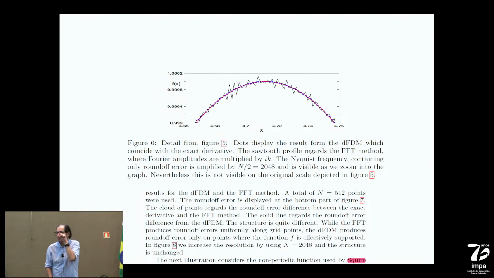This is a very small difference. If I zoom at the curve, you see that the FFT one, which is this black one, is getting noisy because I'm amplifying the high frequencies of the spectrum, which is just round-off error.